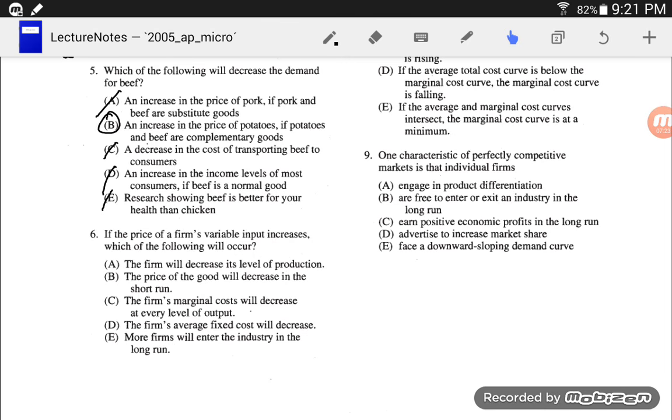Number 6. If the price of a firm's variable input increases, which of the following will occur? Well, if a variable input, for instance labor, if that price increases, then I'm probably going to hire less of them, because the marginal revenue product that I get is going to be lower.